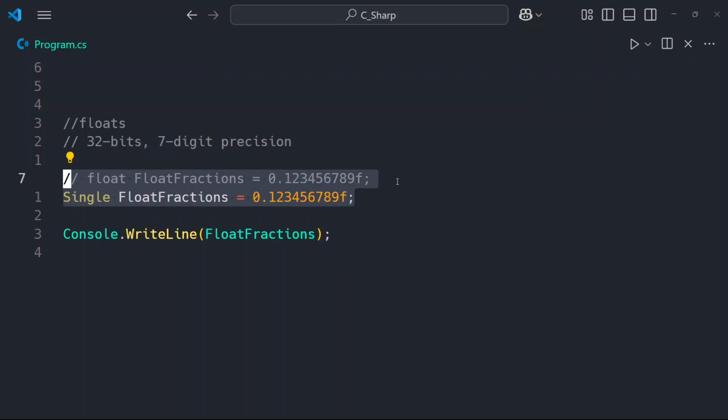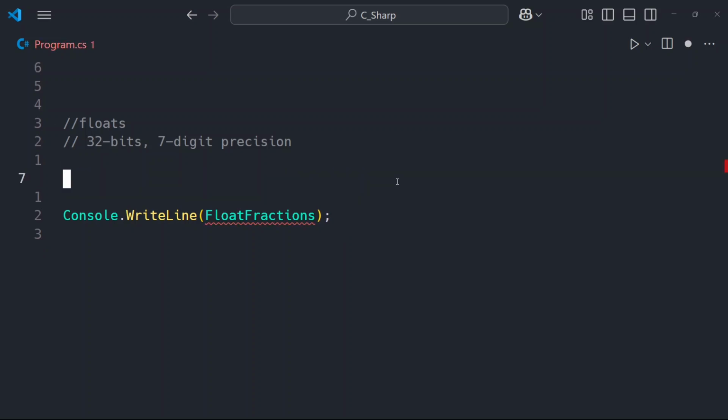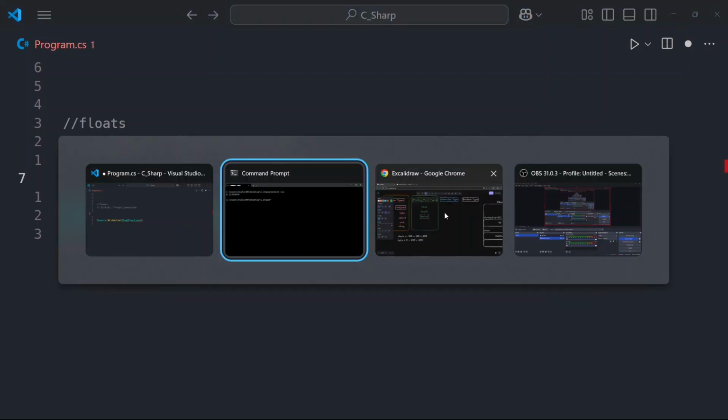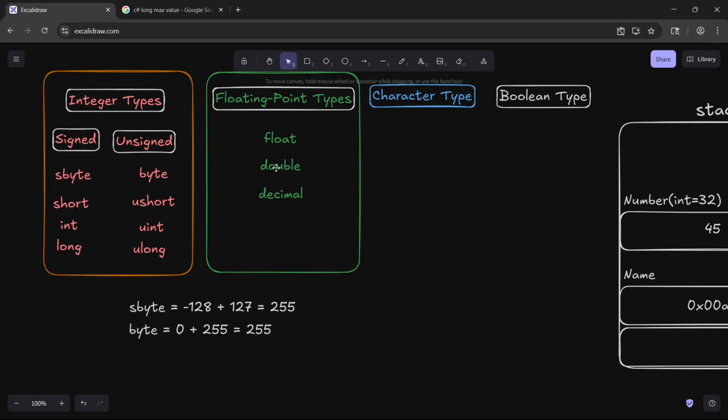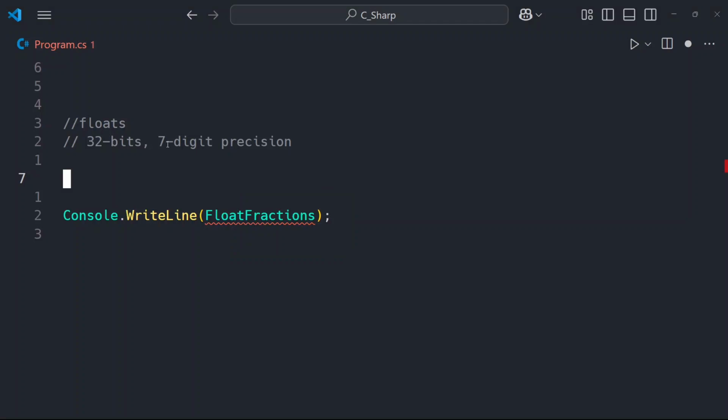Next on our list is the double. Doubles are 64-bit.